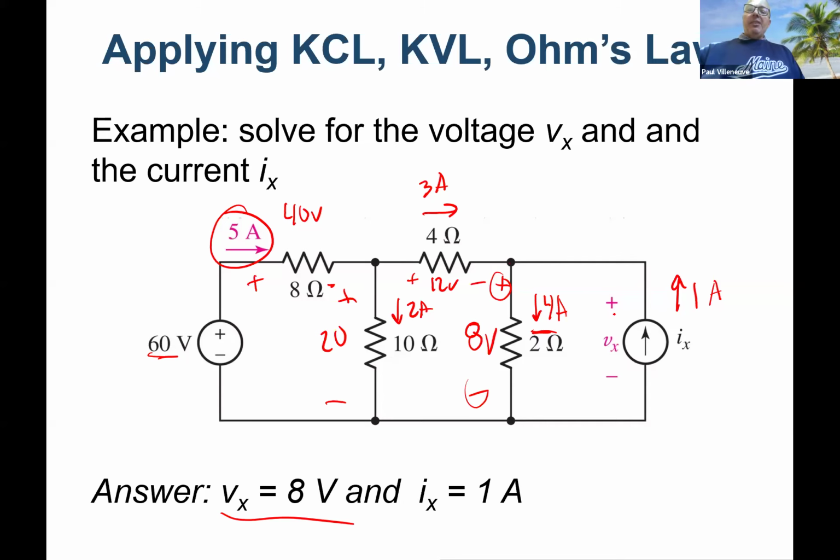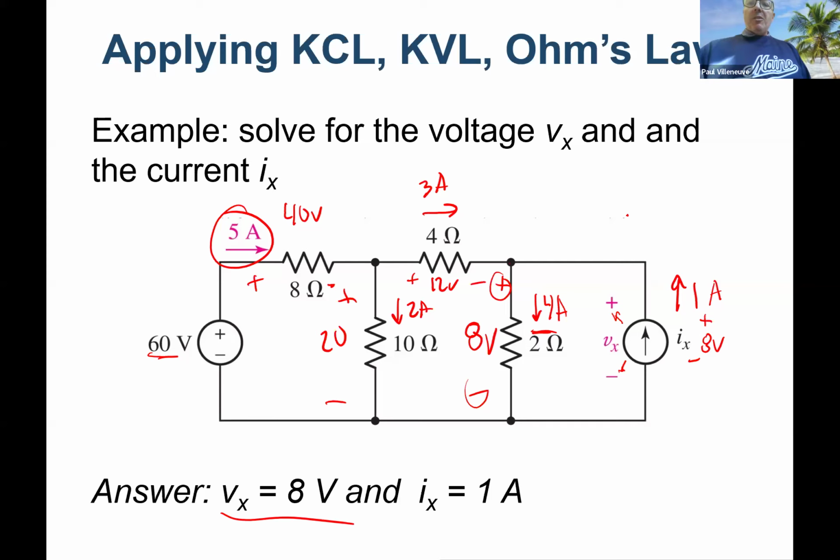Just because this says plus to minus here and here, that actually doesn't mean that it's positive to negative. That's just assuming that that's what positive to negative is. But we confirmed that we have plus to minus in the direction as shown. So we actually have plus 8 volts here. So in the direction of current, we have an increase in voltage.